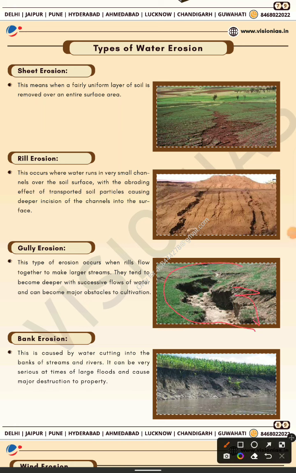You have also seen the villager people and also the gully. Gully is the type of erosion that occurs when the rill flows further together to make a larger stream and tend to a deeper succession of flowing water, because of the cultivation. Then the water in the maximum stream, then the eroded of the maximum.